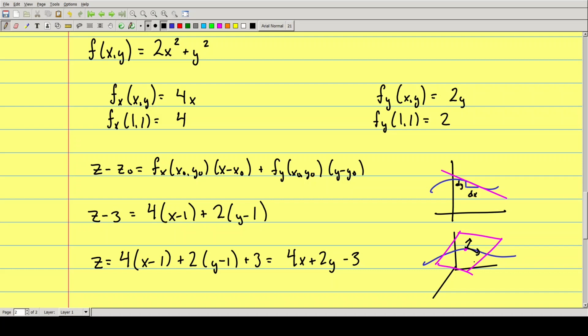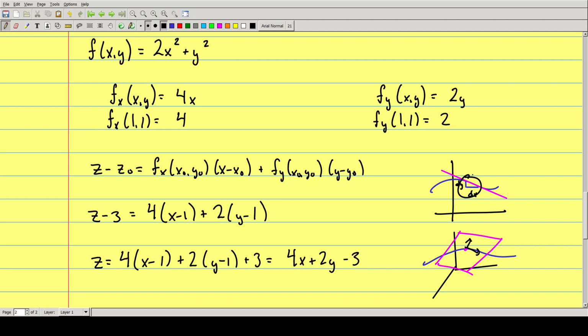It's harder for me to draw the little triangle in a way that's easy to see, but you can imagine the change in z with respect to x and the change in z with respect to y, and have that be a way to approximate what the function does close to where the tangent plane touches our surface.